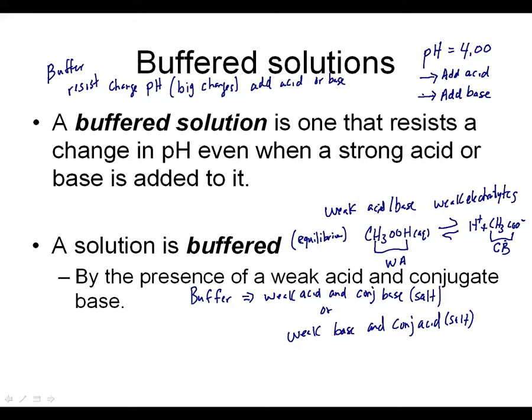So that's a very important part of it: in a buffer, the weak acid and its conjugate base are both in the solution to begin with. If you made it out of something else, like the weak base and its conjugate acid, they are both in there to begin with.